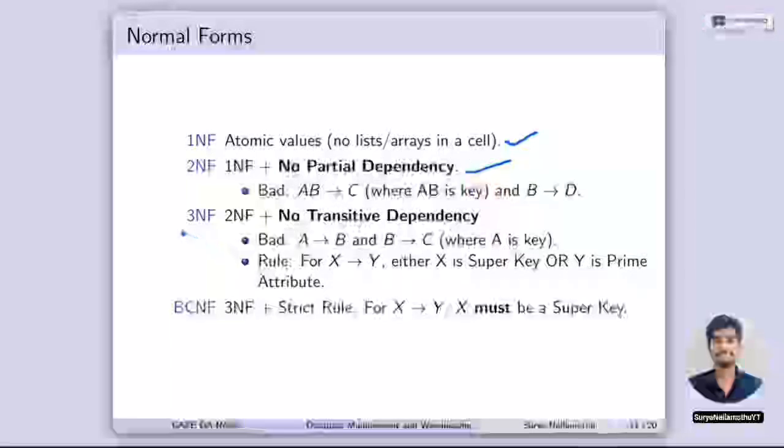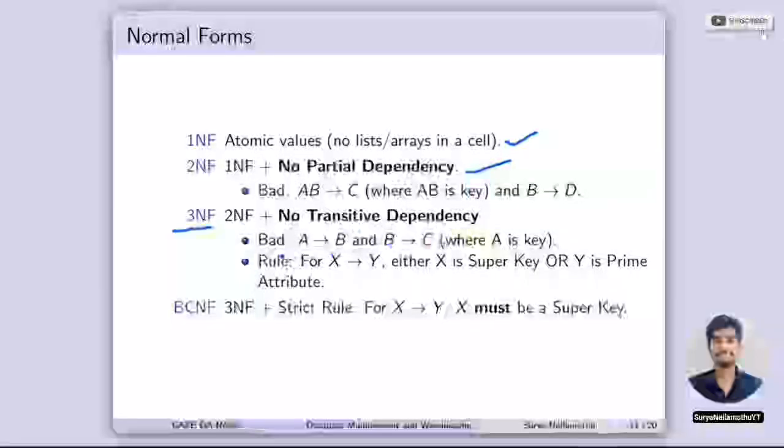And next, 3NF. The 3NF is very simple. After checking 1NF and 2NF, then go to 3NF. 2NF must be valid first. After 2NF succeeds, we go to 3NF, where there must be no transitive dependency.